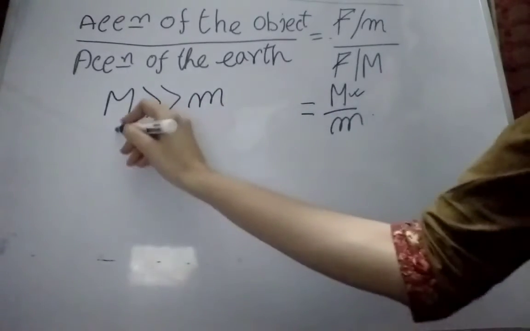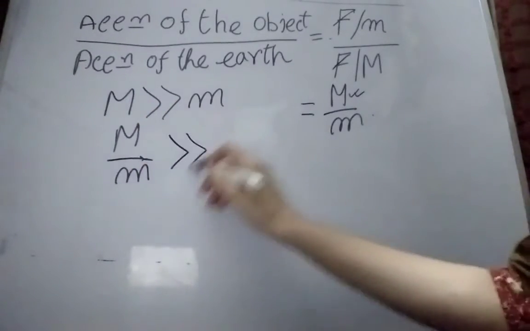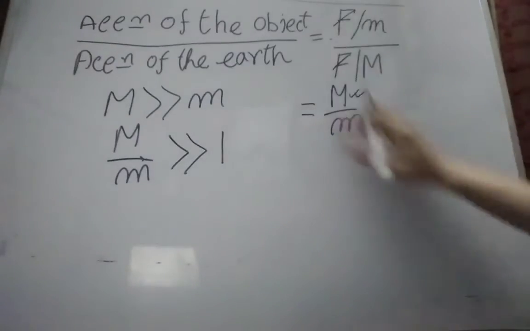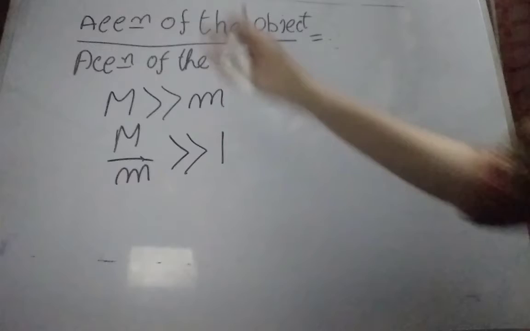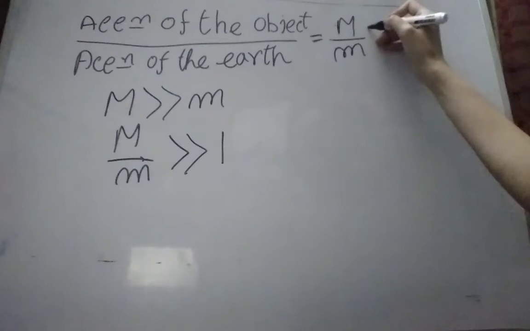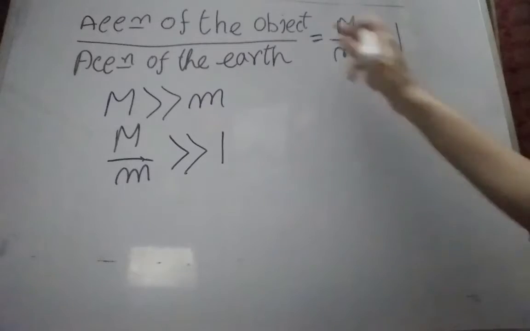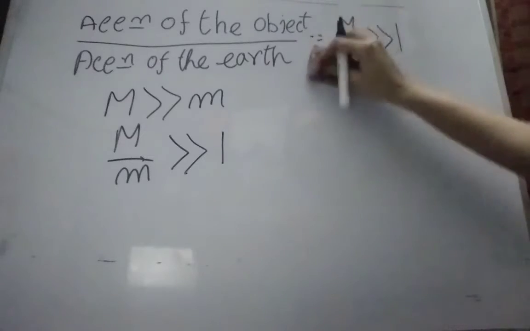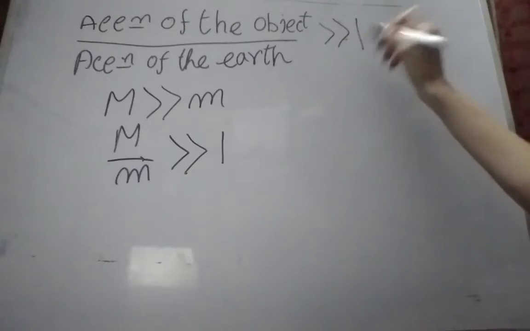So the fraction capital M by small m must be very much greater than 1. So the ratio of the acceleration of the object to the acceleration of the earth must be very much greater than 1.